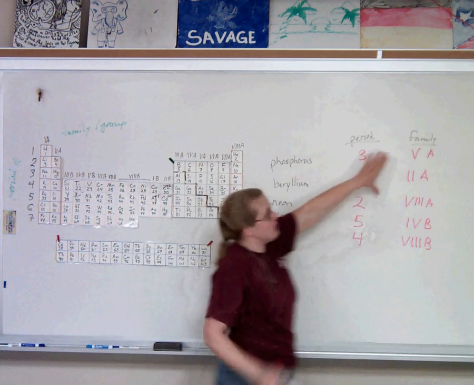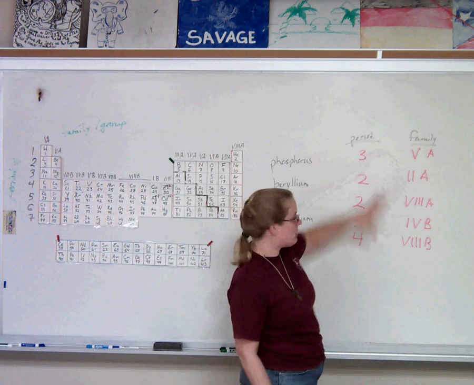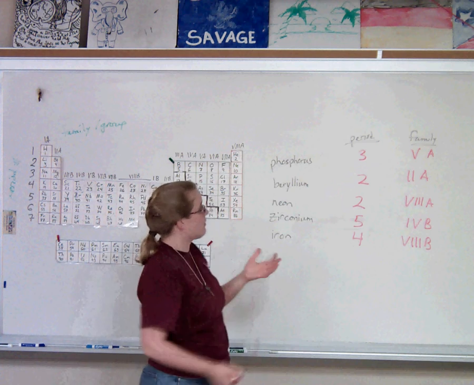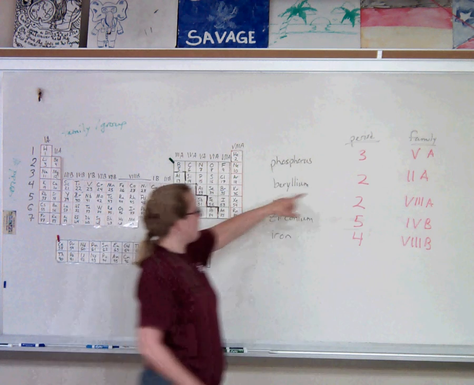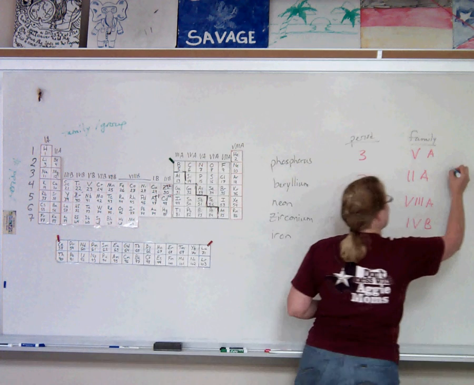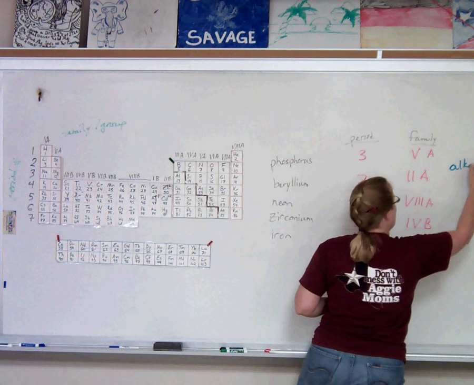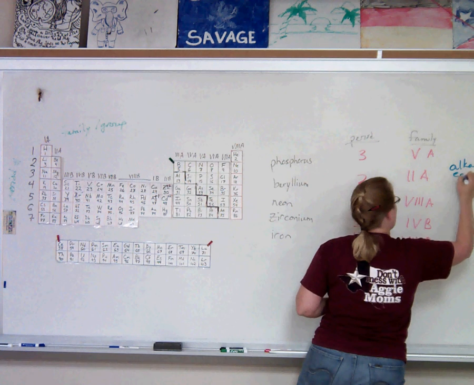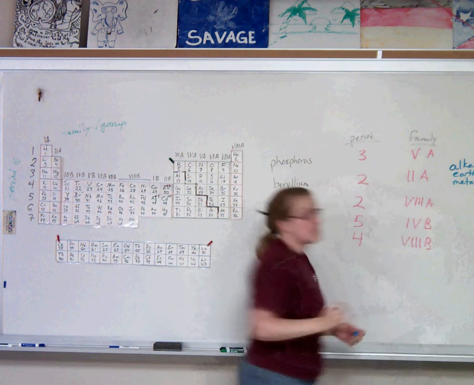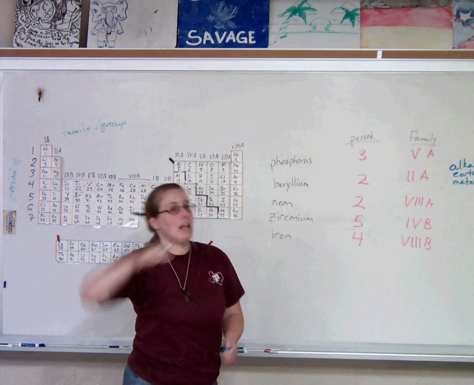These guys end in A, so they're representative elements. These guys end in B, so they're transition metals. We also have some special names for some of these. You may recall that family 2A is called our alkaline earth metals. Please make a distinction between alkaline metals and alkaline earth metals.